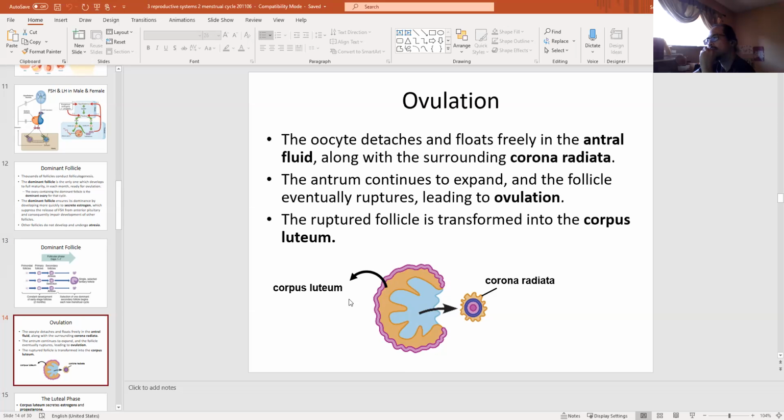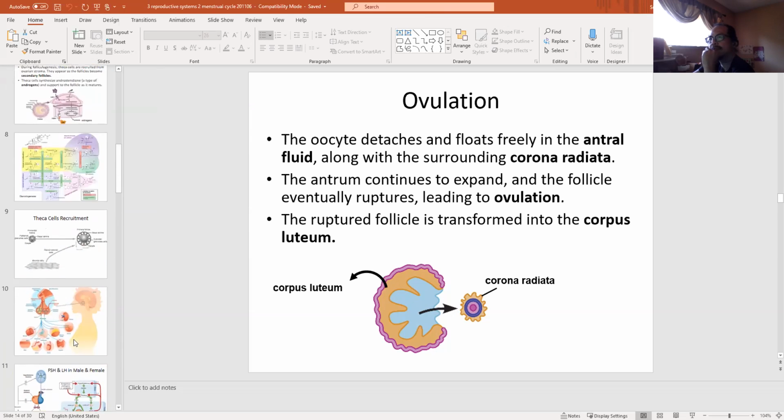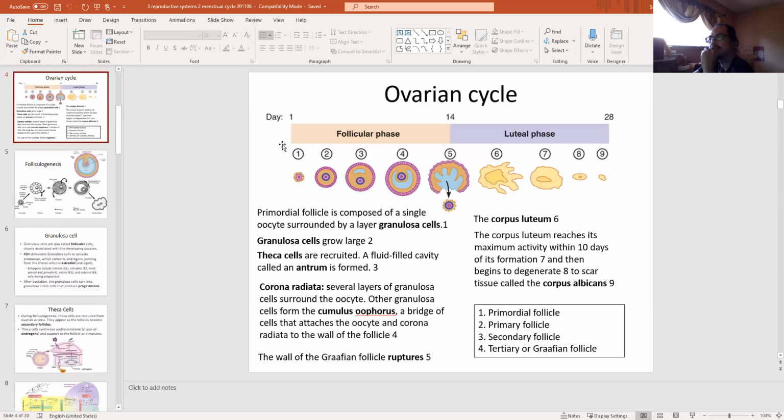This will develop into a corpus luteum. That leads to the second phase: this is the follicular phase, this is the luteal phase.